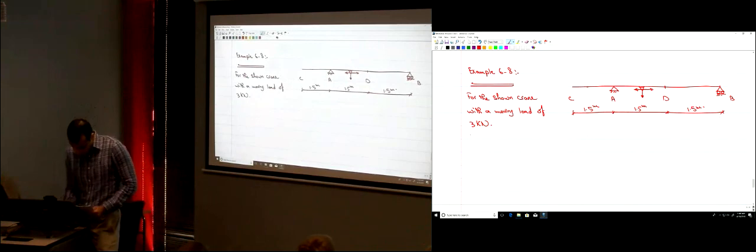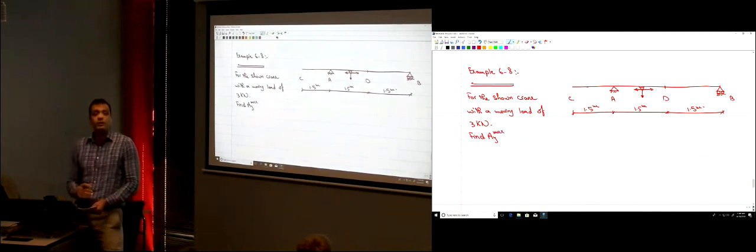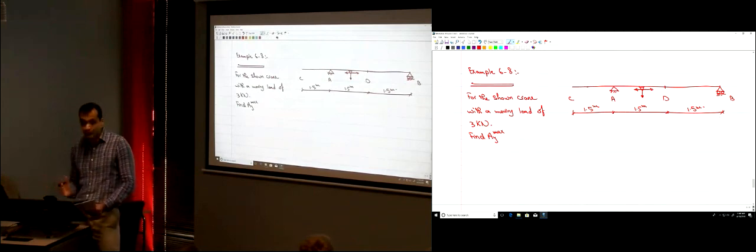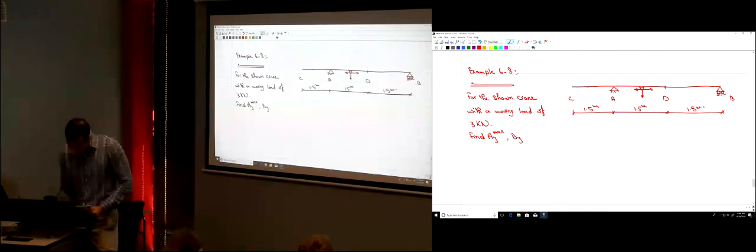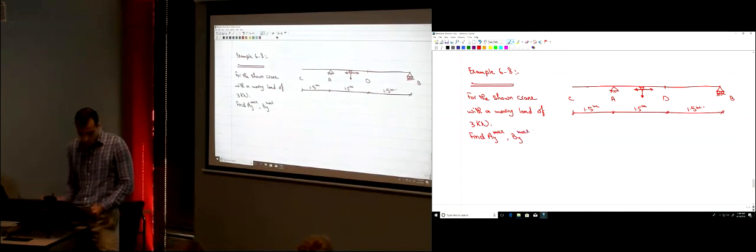We're required to find AY, the reaction AY maximum. How much is the maximum reaction at point A that can happen? And BY maximum, the maximum BY that can happen due to this load.